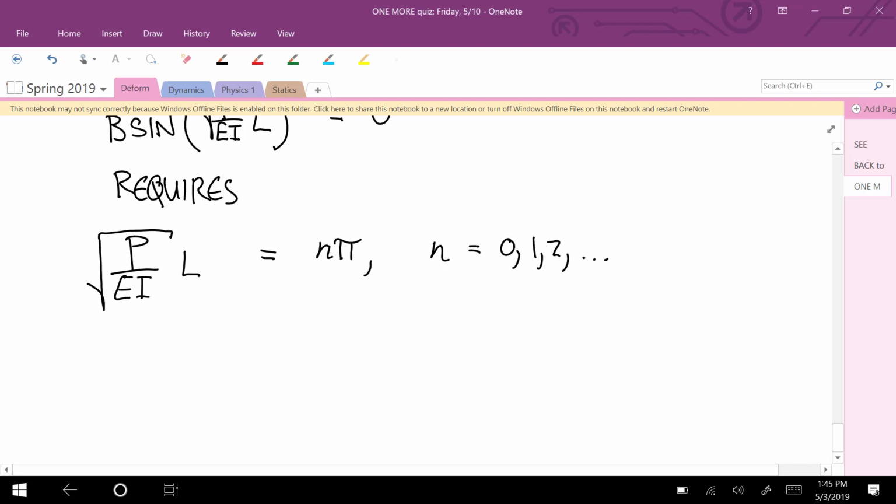And so if you rearrange this, remember what we're trying to find is the value P where this thing becomes unstable.